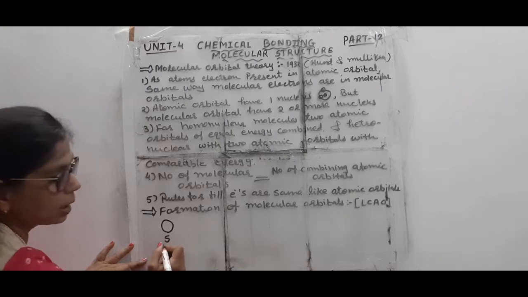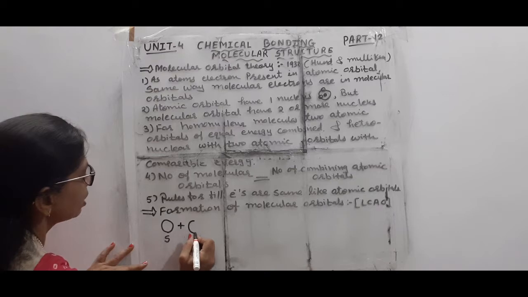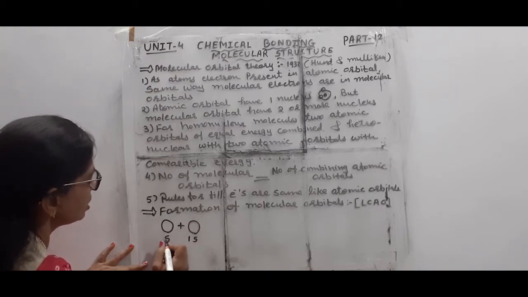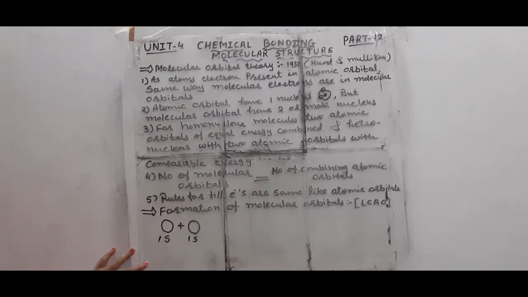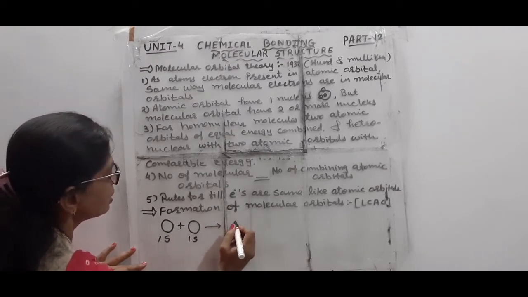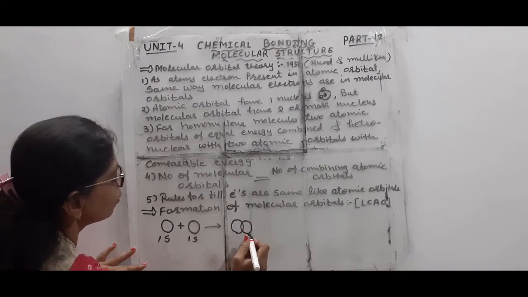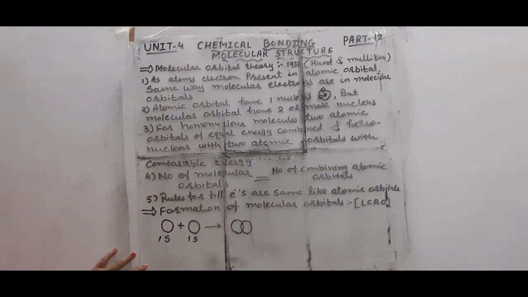s orbital and this is also our s orbital. Suppose we are thinking about the 1s orbital, correct students? Now when this overlapping occurs, for atomic orbital overlapping, we know this is the overlapping for atomic orbitals.